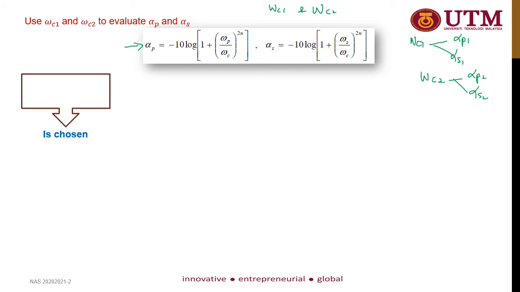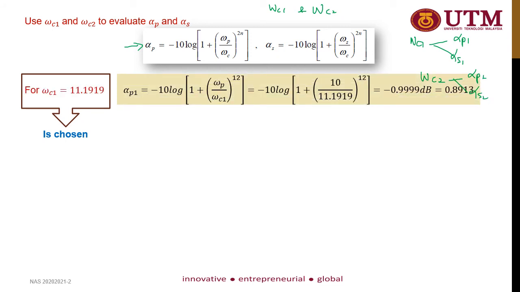Okay, so let's calculate. So alpha P1 equal to, okay, you replace alpha P1 using omega C1, to the power of 2n, n equal to 6. So omega P equal to, from earlier statement, 10 and omega S equal to 20 radian per second.